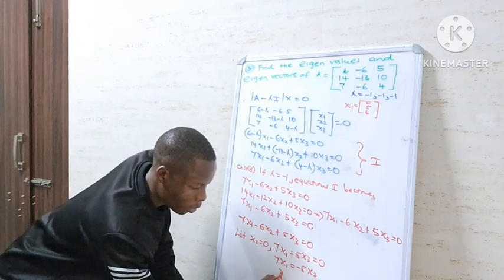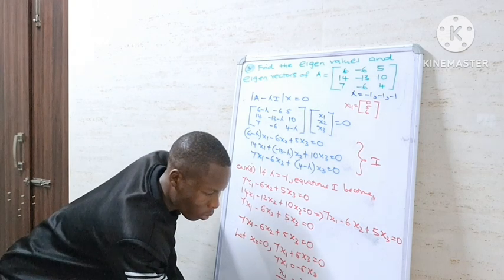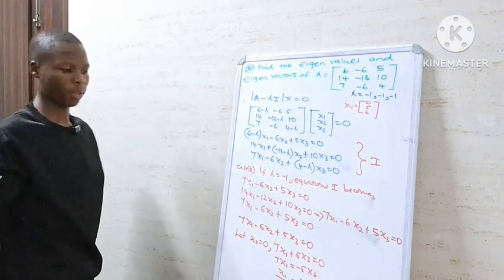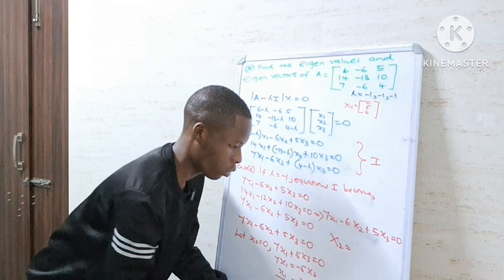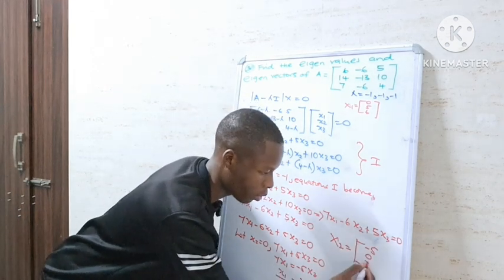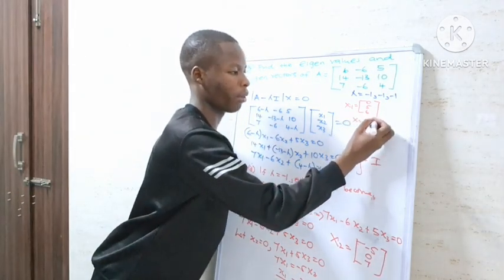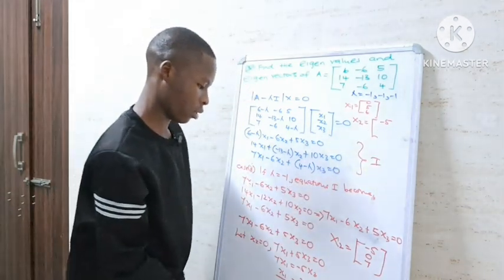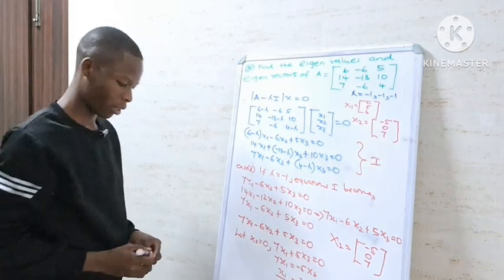This is x1 by negative 5 is equal to x3 by 7. Therefore the second eigenvector is negative 5, 0, 7.